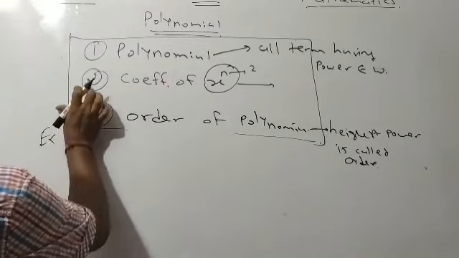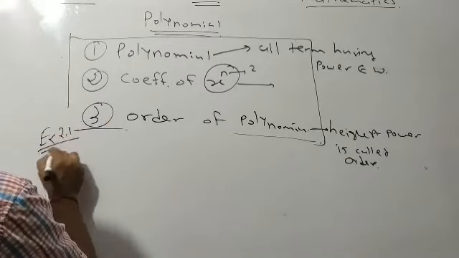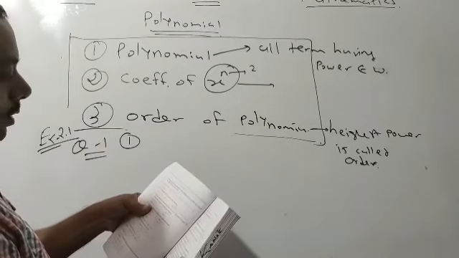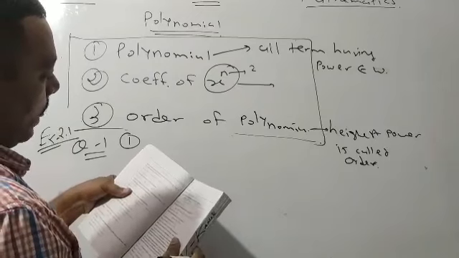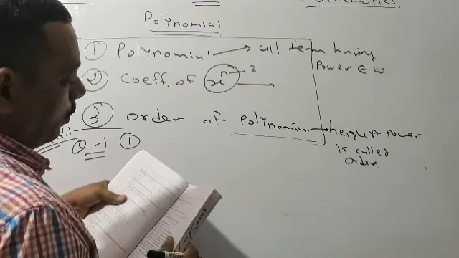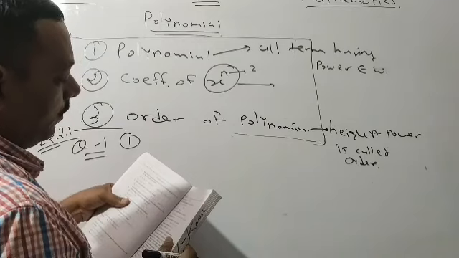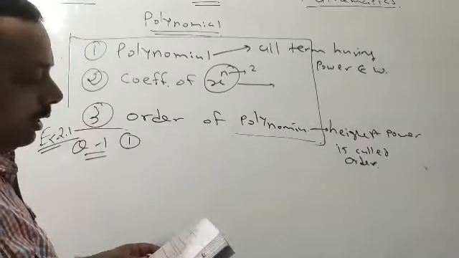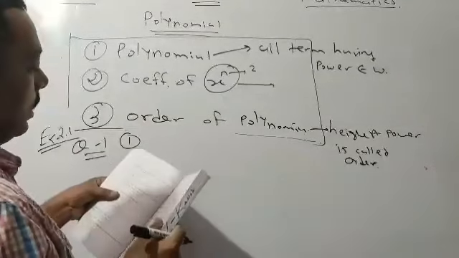Exercise 2.1. Question 1. See, in question 1 there are 5 sub questions. Now first of all the question is, expressions that are polynomial in one variable. One variable means only one, either x or y, or as I told you t, s, z is present.